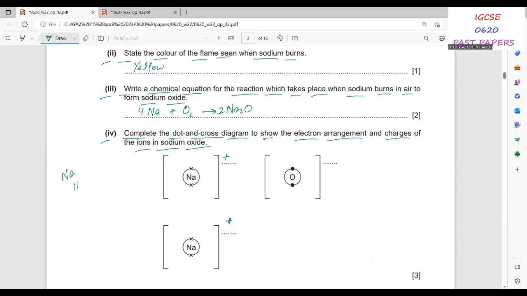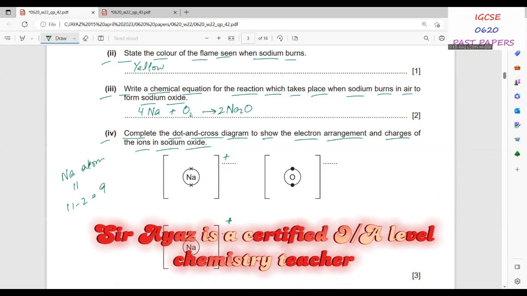So there must be 11 minus 2, 9 more electrons. But this sodium atom has lost 1 electron, so we'll have sodium ion. So the number of electrons will be 8. We have to place 8 more electrons for this sodium atom. The second shell will have 8 more electrons. 1, 2, 3, 4, 5, 6, 7, 8.